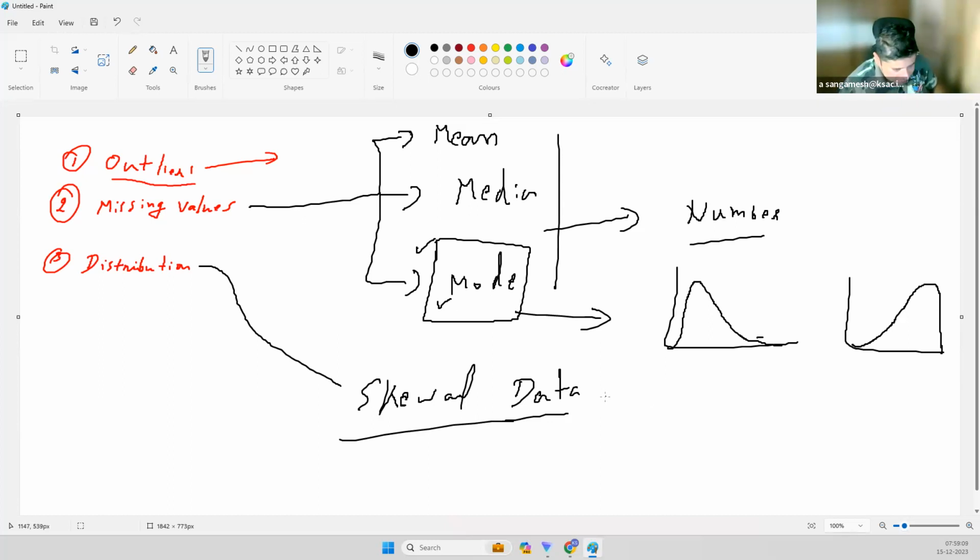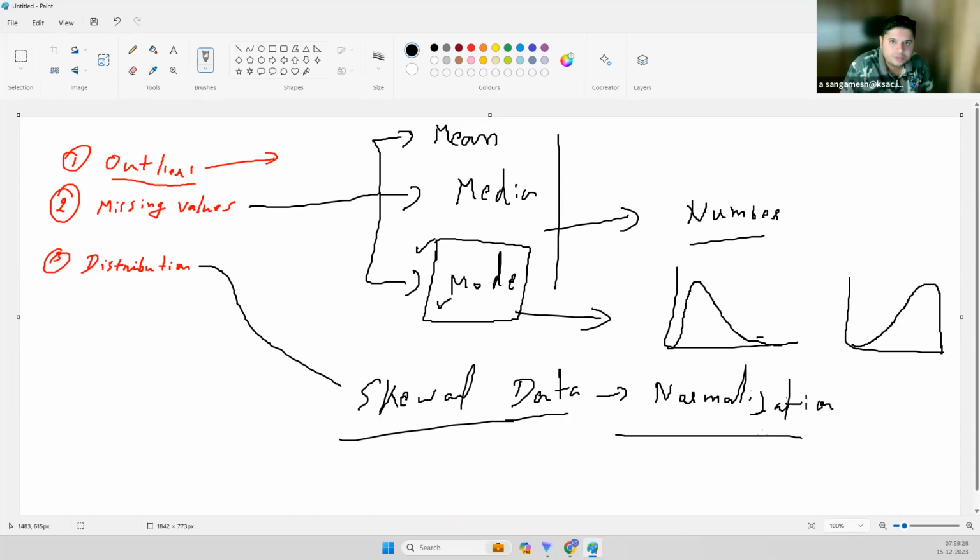There are various types of normalization, like log normalization. We use normalization and bring skewed data to a normally distributed fashion.